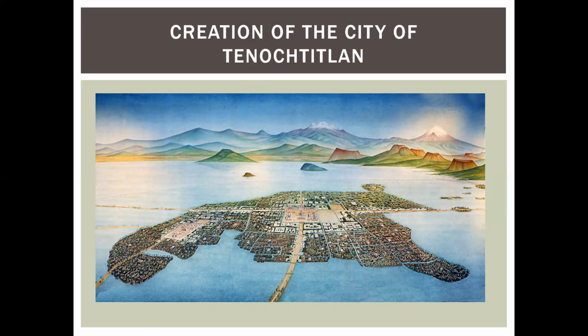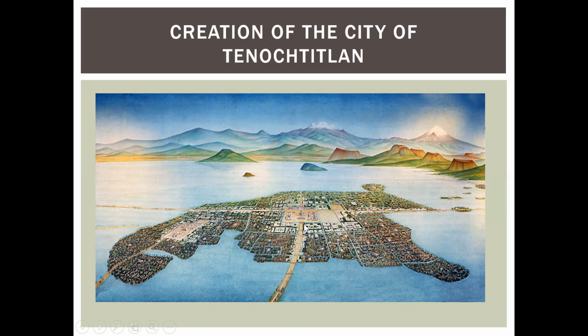A city built in the middle of the lake that utilized chinampas farming, so corn, vegetables, all kinds of agricultural products could be grown inside of the lake. This also allowed them to protect themselves. The lake provided a natural barrier.